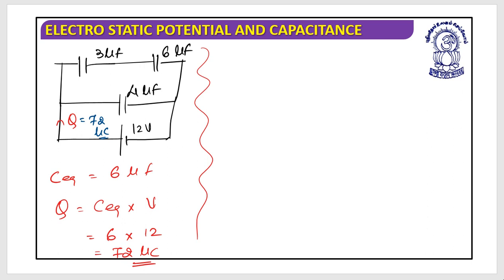Now I need to find the charge through 4 microfarad and 3 microfarad. This is my interest. So what I know is that this 4 microfarad has a voltage of 12 volt.